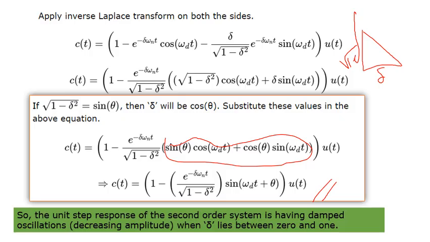So when you see the output expression, you have got a sinusoidal term. So the response will have a sinusoidal part, and along with that you have got an exponential decaying part. So my response will be like this. You will have a sinusoidal part and the sinusoidal part will be exponentially decaying. So this will be the response of the system.